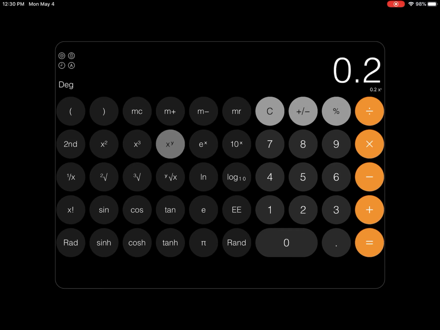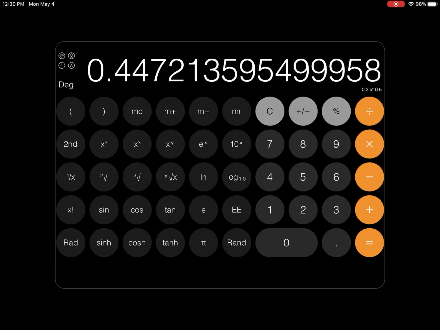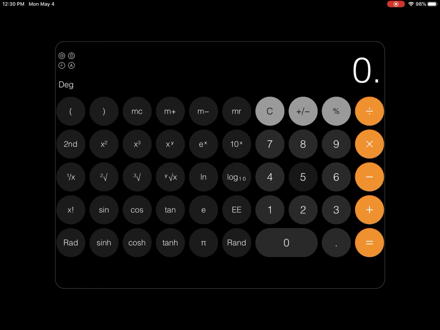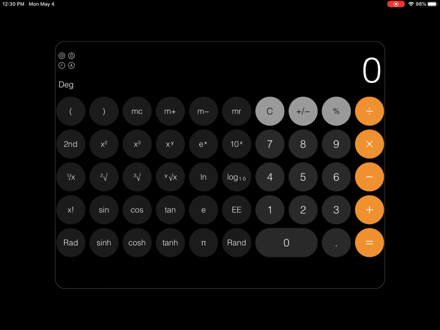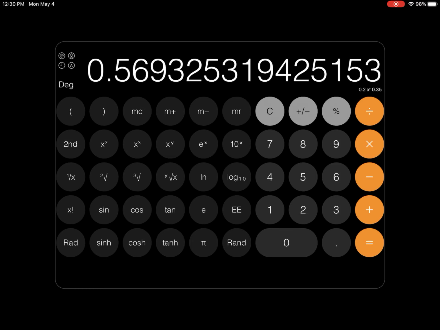So let's just try 5 arbitrarily. It got really small, so I'm moving in the wrong direction. So now I go back, 0.2 to the exponent of 0.5. Closer. I need it to be 0.5. You're trying to get as close as you possibly can. Let's cut it in half, 0.25.